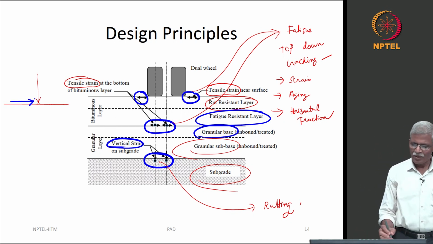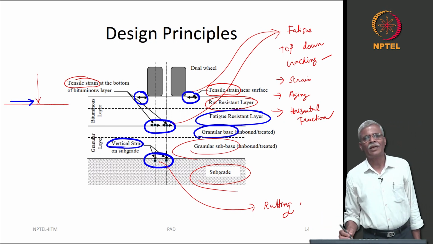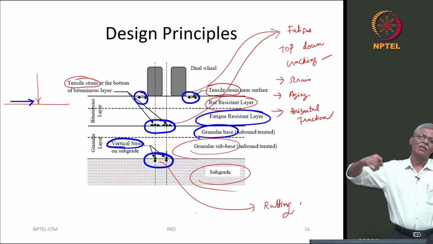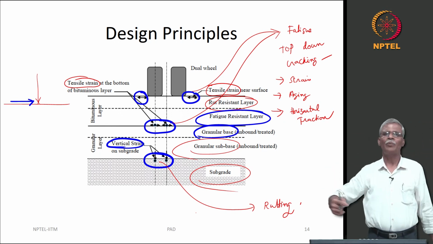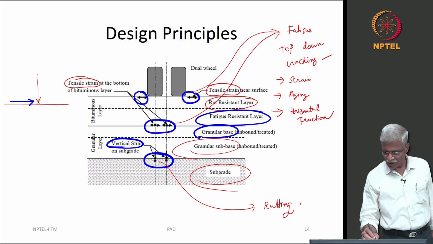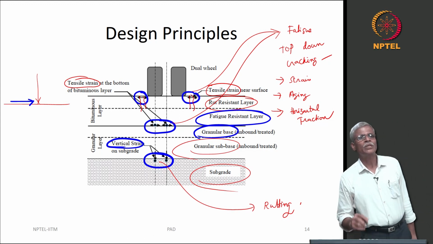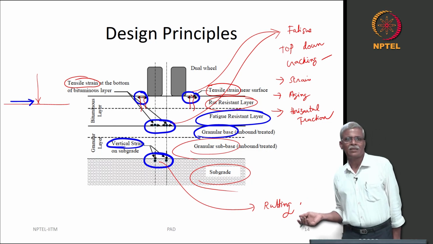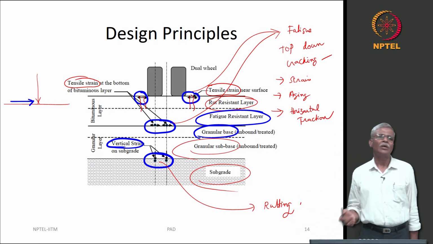Okay. And when such things are happening, you are going to have tensile strains at the surface and a repeated load applications, you are going to see that the cracks are going to propagate from the surface and you will see those things near intersections, near unsignalized intersection in rural highway, you will be seeing this.